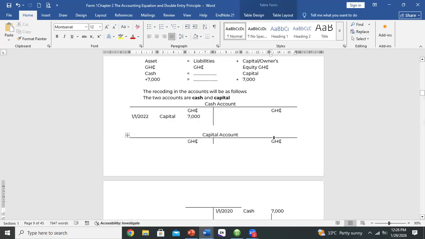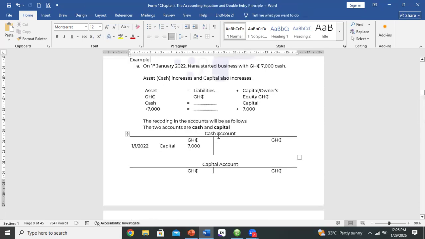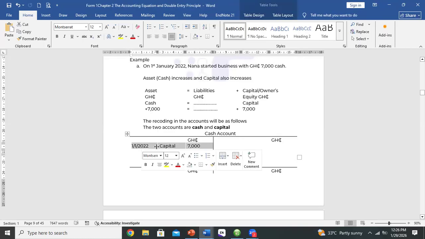So I have done the T account here. You open the cash account because the name of the asset is cash, and then the capital account. So you debit, as we saw, the debit entry is at the left side. So you debit the cash account. What do you do there? You normally put the date and the amount.